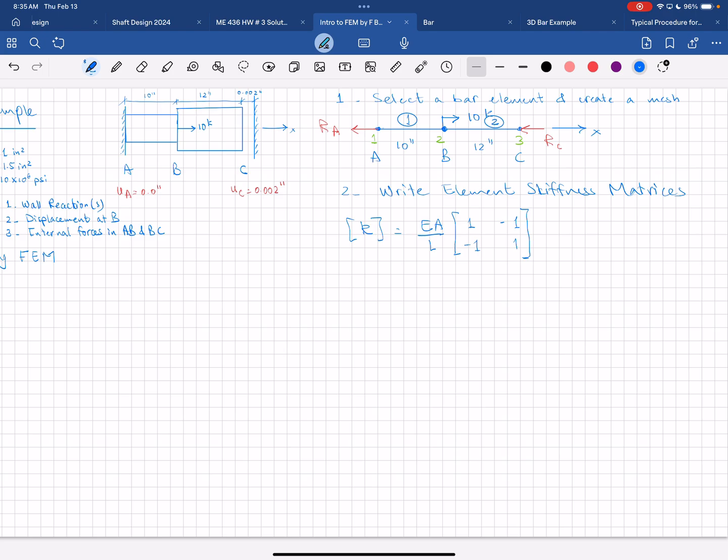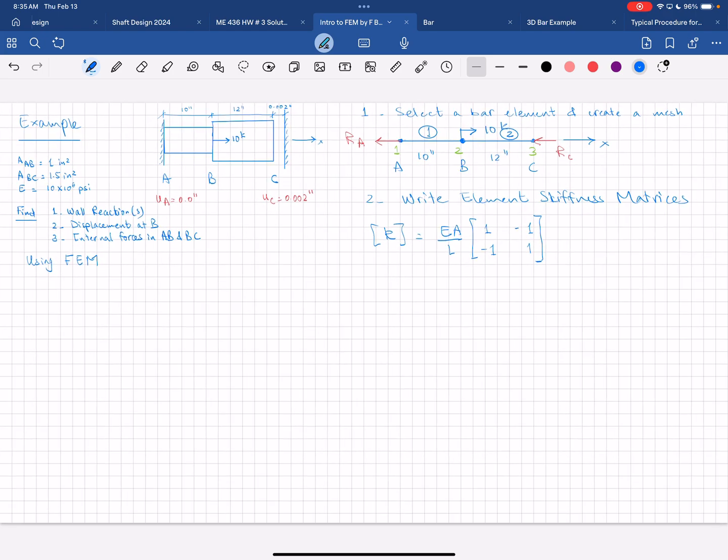So the stiffness matrix for element 1 is equal to EA over L, where I have 10 times 10 to the power 6, multiplied by the area, which is 1, divided by the length, which is 10, multiplied by a 1, a minus 1, a minus 1, and a 1.